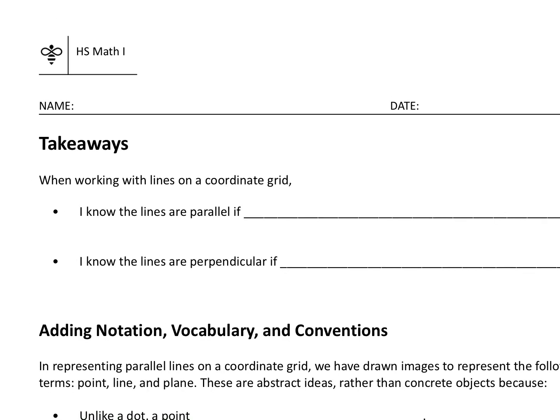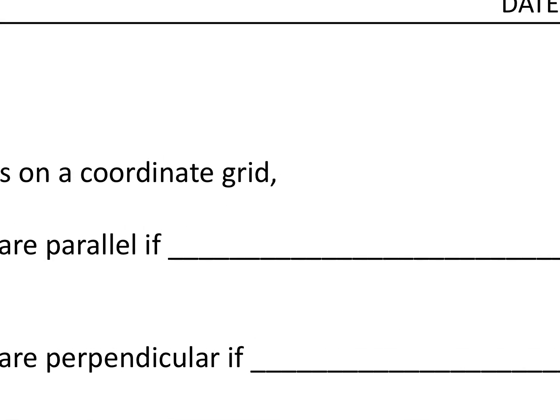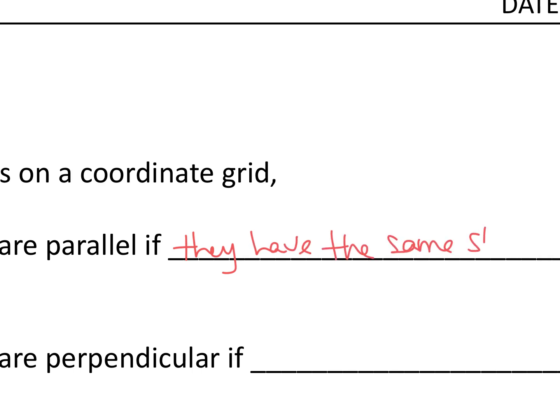So when working with lines on a coordinate grid, I know the lines are parallel if there are three scenarios possible that could happen. The first scenario is if they have the same slope.